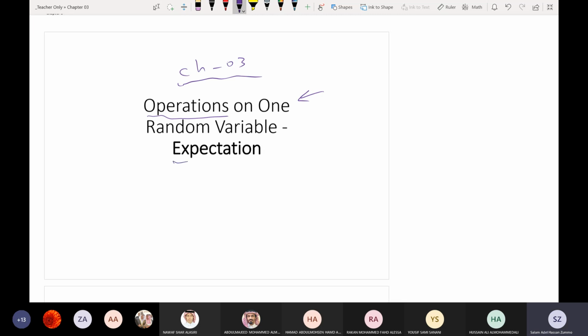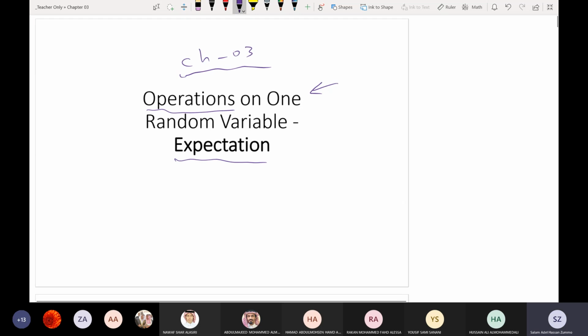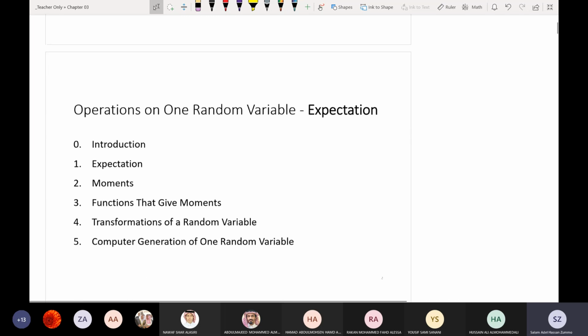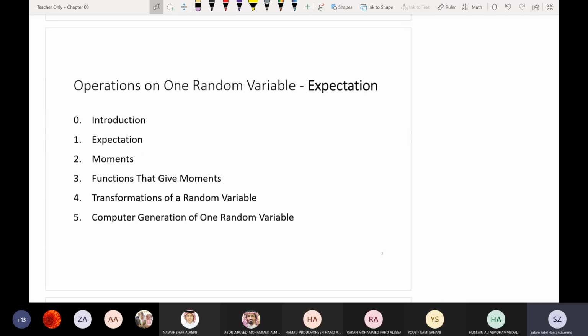Mainly what we call expectation. And of course, we'll talk about more than expectation, but expectation is the first important part. So in chapter 3, first of all, a little bit of introduction, and then expectation. We'll define what expectation is and how it is applied to random variables.